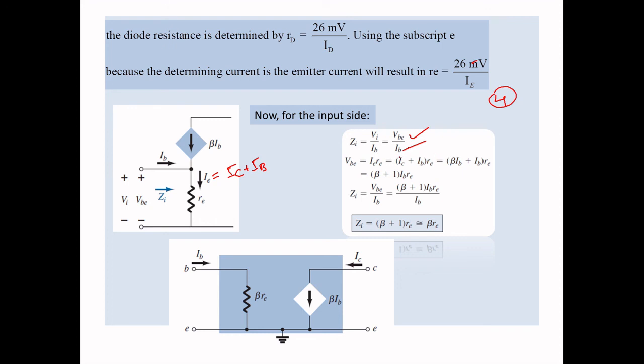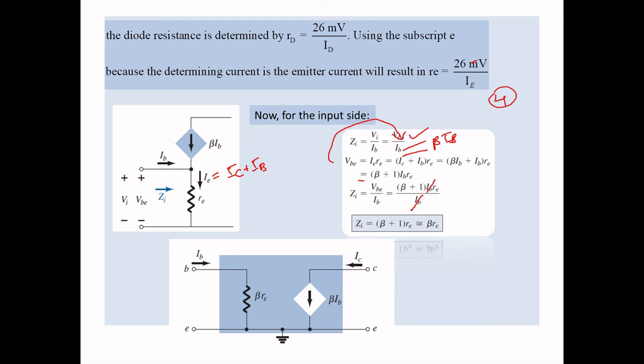So what is IC? IC is beta times IB. So I can take IB out: beta plus 1 into IB into RE. Substitute in this equation, so VBE you can substitute, and IB and IB will cancel.